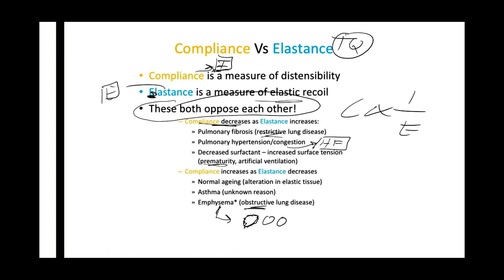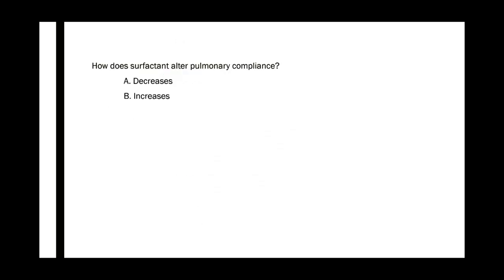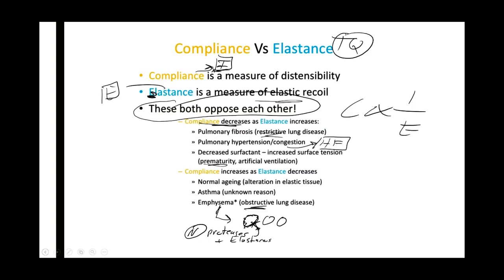Smoke is a very intense chemoattractant for neutrophils, and what happens is these neutrophils have proteases and elastases, and what they do is they destroy this elastic tissue support surrounding the alveoli.